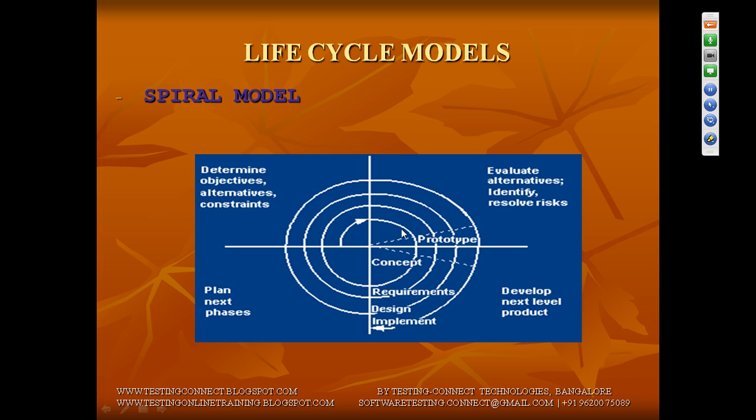This cycle should be repeatedly happening. Determine objectives means what the objective is, whether any alternatives or constraints are there. Then you will plan for the next phase, the development of the next level product. These cycles will be repeatedly happening. Analysis, design and development tasks are repeated, and that's why we consider it the spiral model.